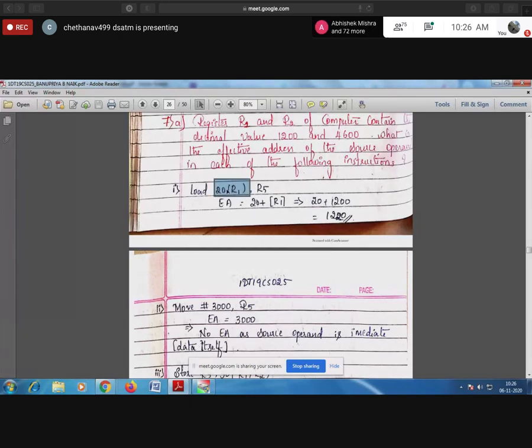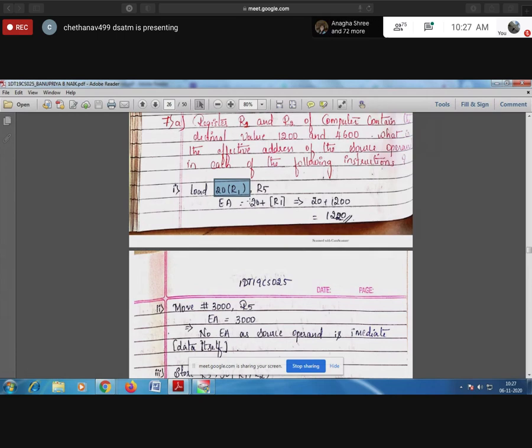This is index mode of addressing. 20 plus the content of R1 will give you the address of the first operand. 20 plus 1200, you add both, you will get 1220. Go to 1220, whatever content is there, that is your first operand. Effective address means it will give you the information of the address, the location of your data where it exists.